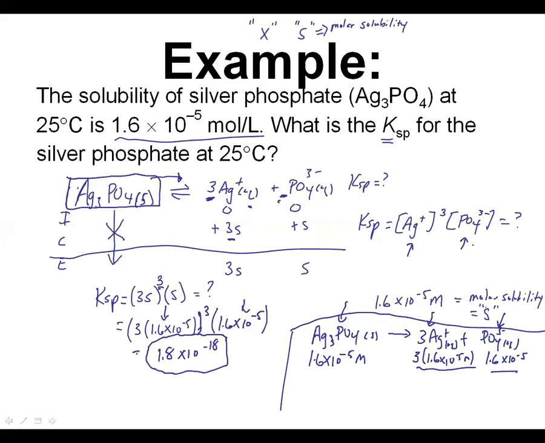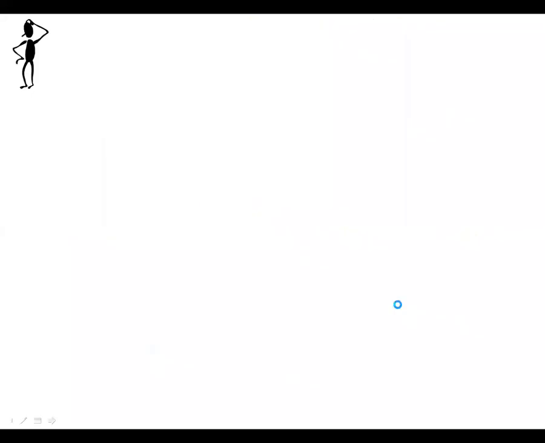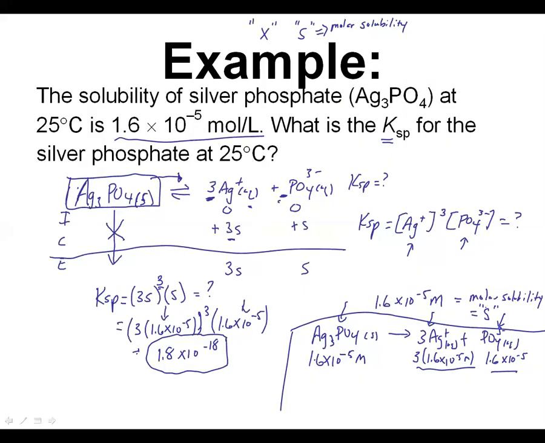So again, if something breaks apart into a 1 to 2 relationship, you take the concentration, multiply it by 2, and then put it into the expression, you're good to go. And that's essentially what the ice table is doing for you, but in a more organized fashion so that you won't miss the part, because very commonly people will miss this part and just go in with the 1.6 times 10 to the minus 5 and just cube it.